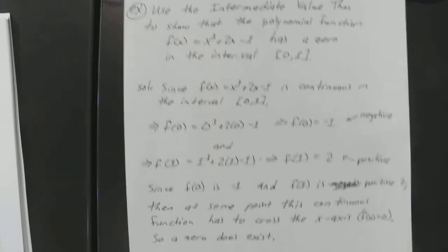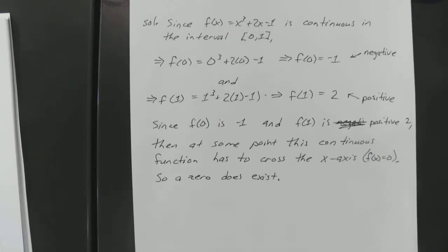And you can do that with any other values. Let's say you plugged in between 1 and 5. If f of 1 was 3 and f of 5 was 12, then you can prove that for any value between 3 and 12, there exists an x that gives it.